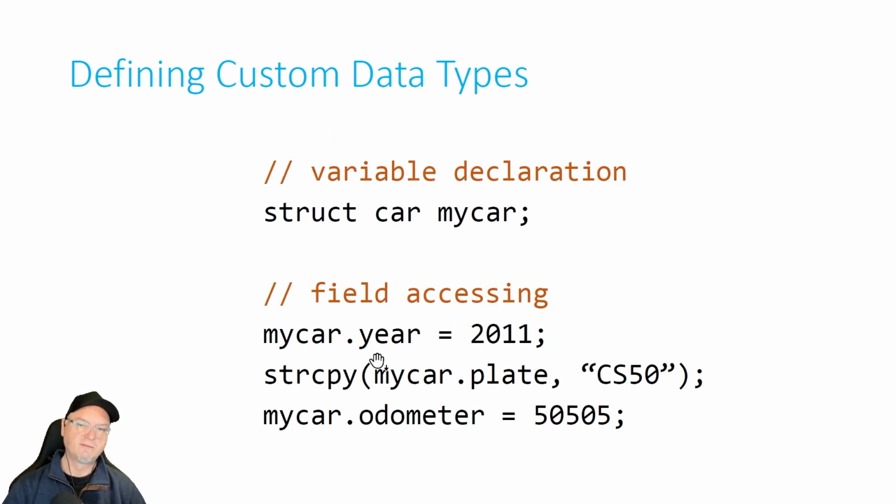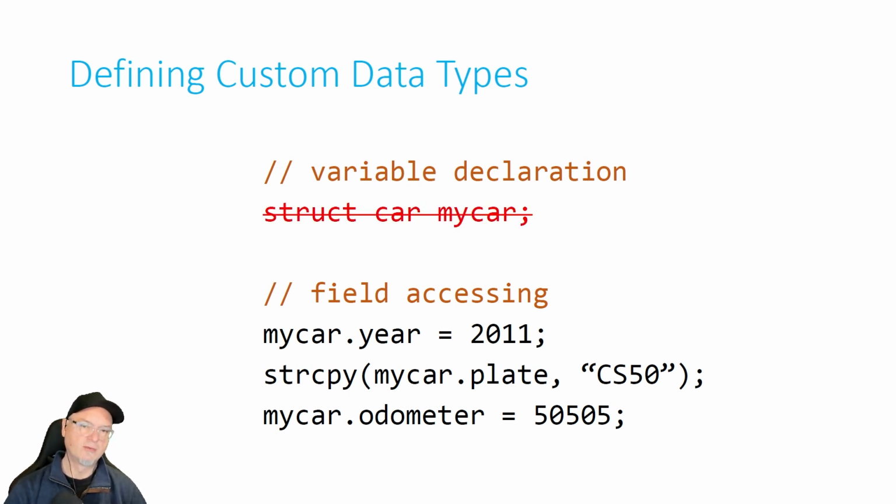So, what you could do in the old way of thinking, you could define your struct car, declare it as struct car mycar, and so declare it that way, and then you could access the fields, mycar.year, with that dot notation that we talked about before when we talked about structs.